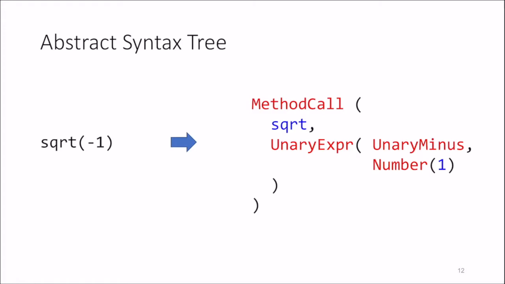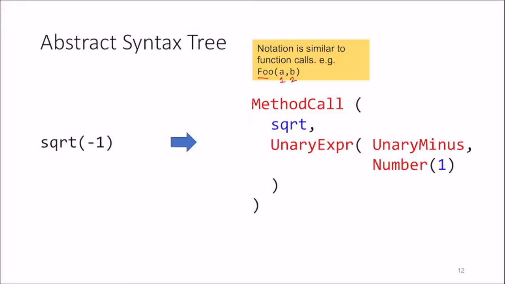So this is the last stage in the front end, where we are going to produce an abstract syntax tree, which is then used for code generation. Now, this notation that you can see here is similar to the notation that we use for function calls, right? So if you have a function like foo, it takes two arguments, argument 1 and argument 2.